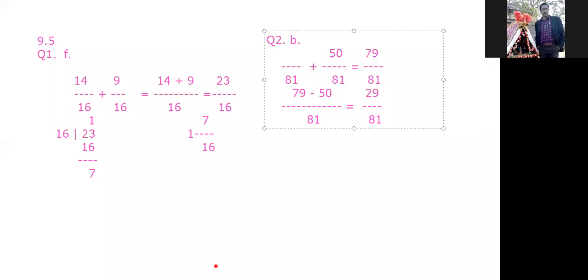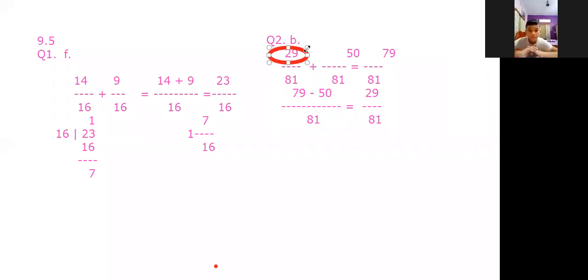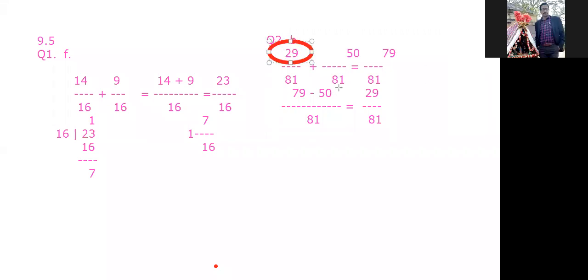So B's result is 29. Now how did we get this 29? We received it by subtracting 50 from 79. Why did we subtract? To find out this result. So 29 is the result.